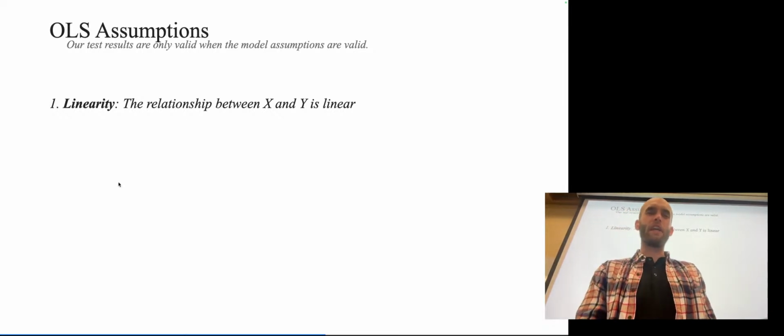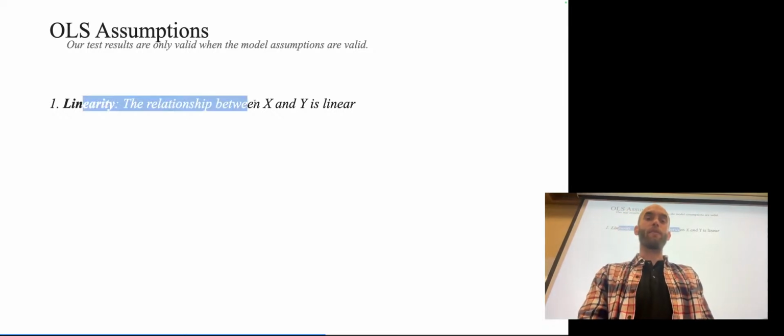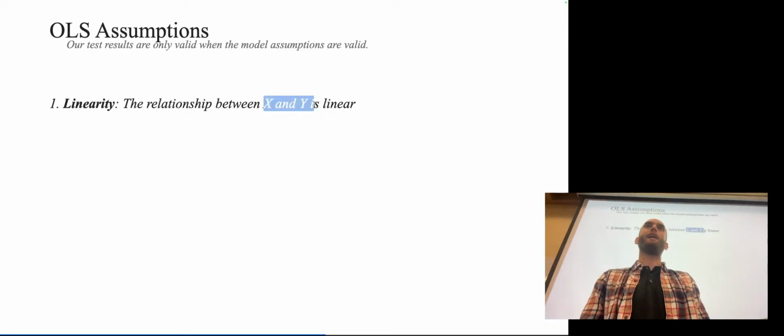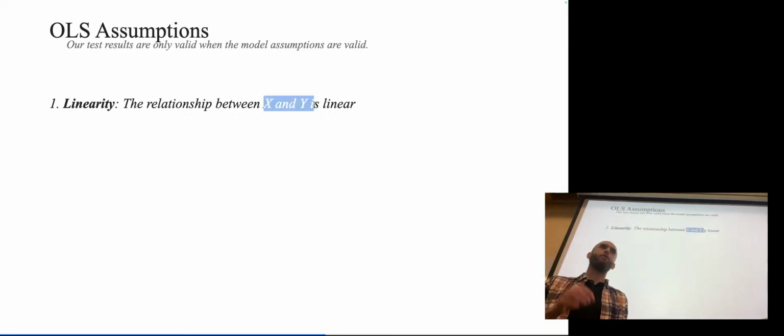So the first is linearity. We have to assume that there's a linear relationship between x and y. If you remember back to part 2, when we talked about data transformations, we performed log transformations and scaling of data. We can transform x or y variables into something that could become linear.